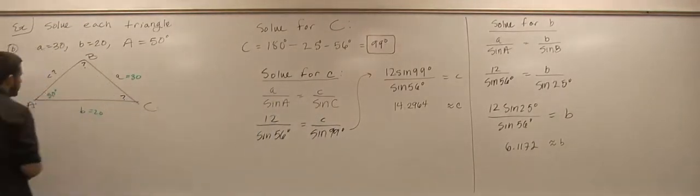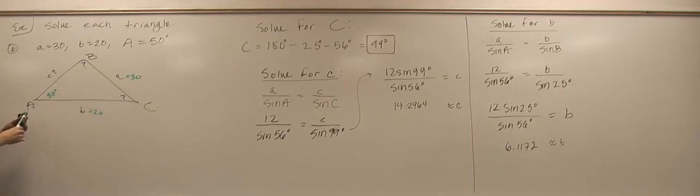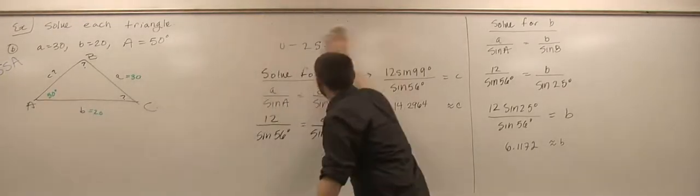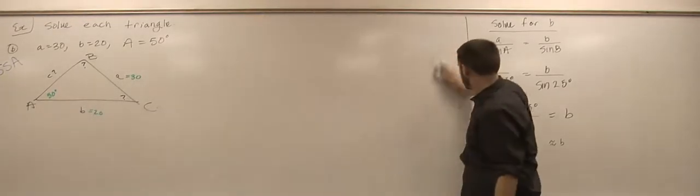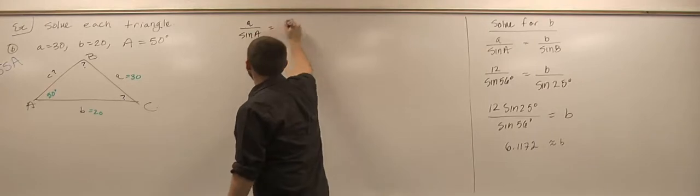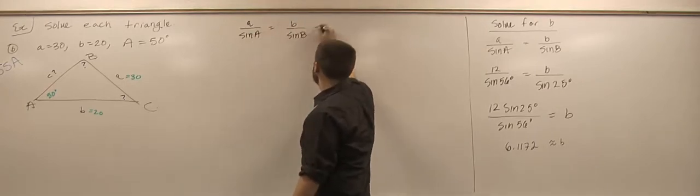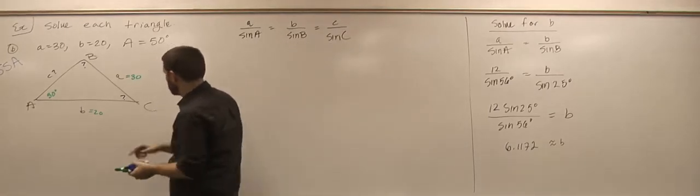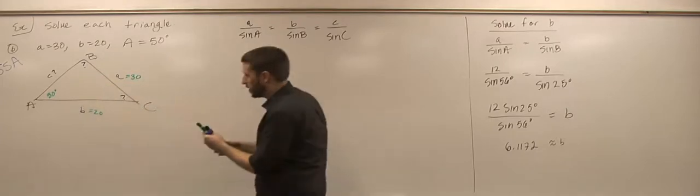However, let's start this. So this is the case where I have side-side-angle, 2 sides and a non-included angle. Look at the law of sines: a over sine A equals b over sine B equals c over sine C. I know little a, big A, and little b.